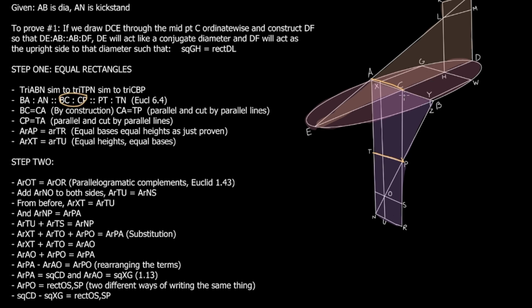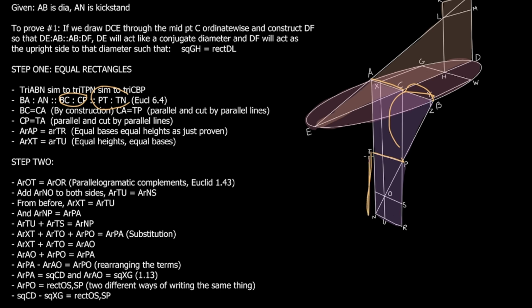BC is to CP as PT is to TN. If we know that this relationship holds, and we know that BC is equal to AC, and AC is equal to TN, then we know that TP is equal to BC.